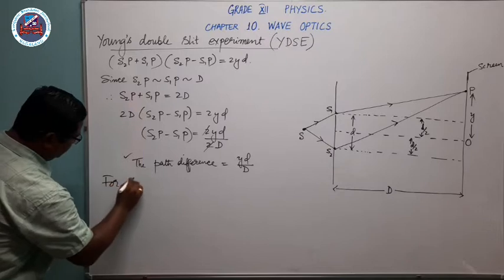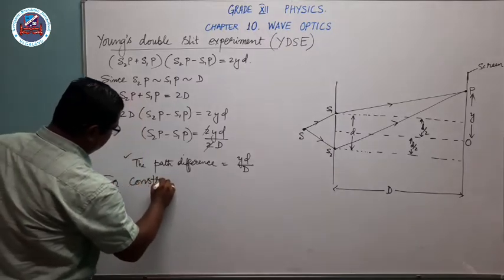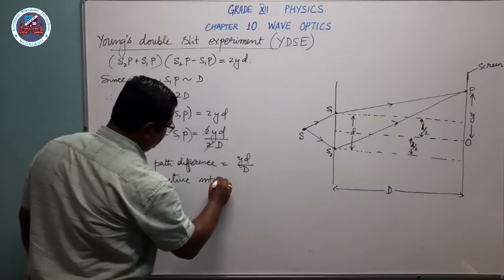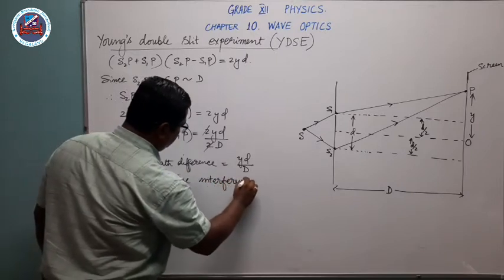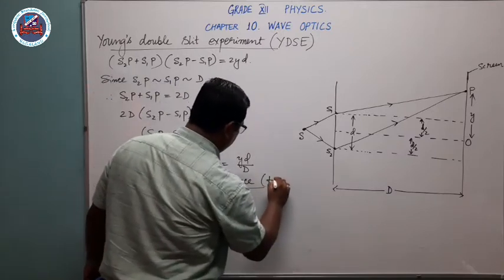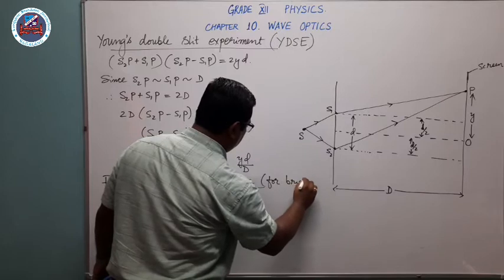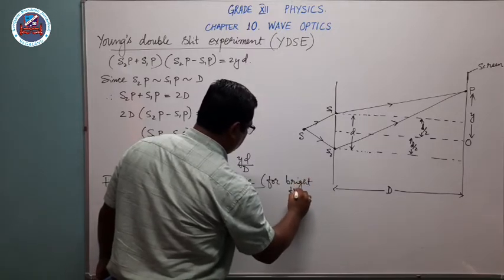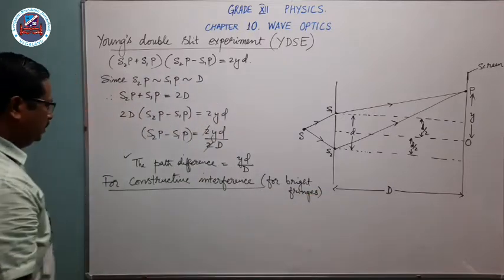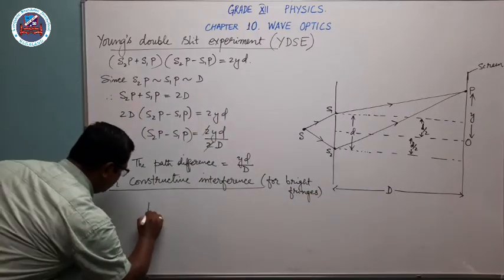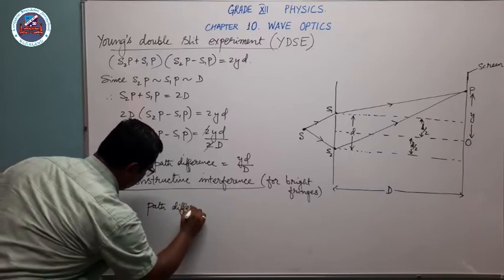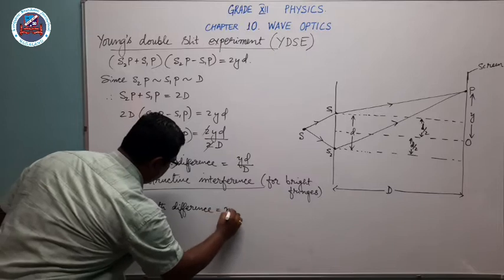For constructive interference, that is for bright fringes, the relation for path difference was n lambda.